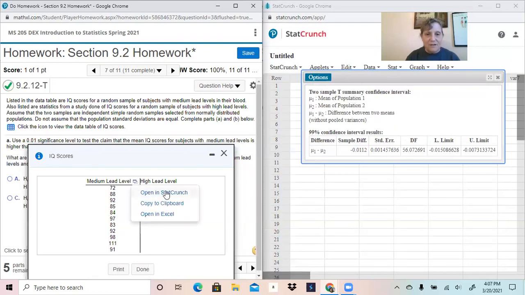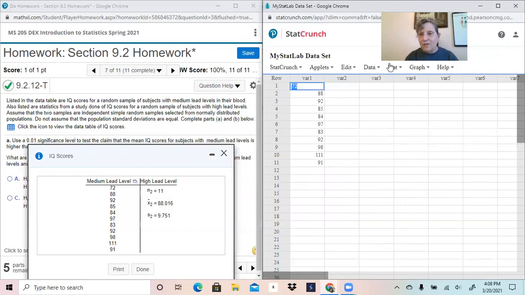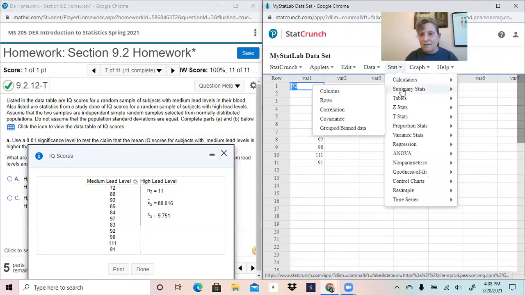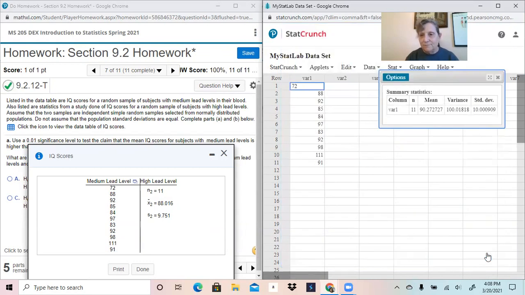So let's load this into StatCrunch. And to get that information, we're just going to do Stat, Summary Stats. It's in a column. Pick the column. We could just pick all 4 of these. That's faster.